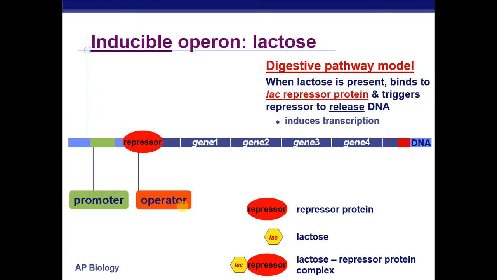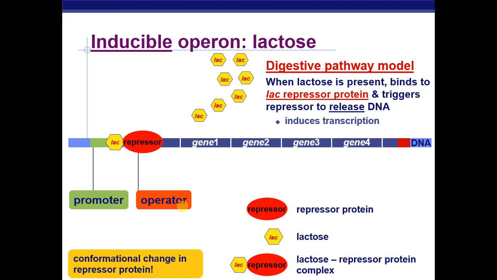Now, when a certain condition is met, a certain stimulus, which is lactose, is prevalent, lactose will bind to the repressor and deactivate it to shut it off.